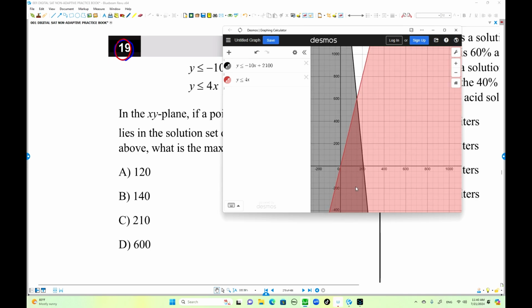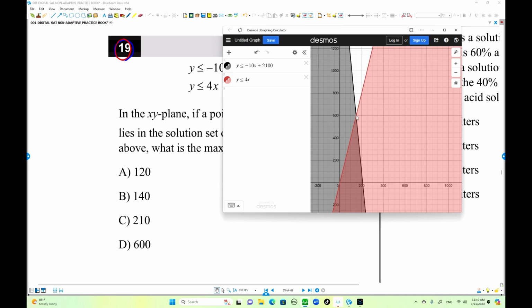This is the solutions. Okay. Where is the maximum? This point. At this point, it has the highest value, right? Highest point. Let me see. You have to find the intersection here.